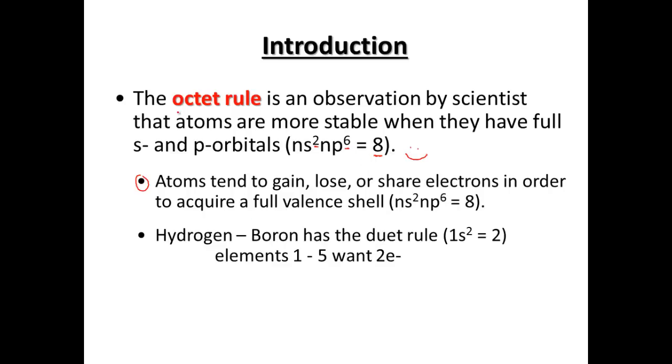So the Octet Rule is the idea that atoms want to gain, lose, or share electrons to get to that number of 8, a full valence of 8. The exceptions are hydrogen through boron, elements 1 through 5, which only want 2 electrons, so instead of the octet, they follow the duet rule.